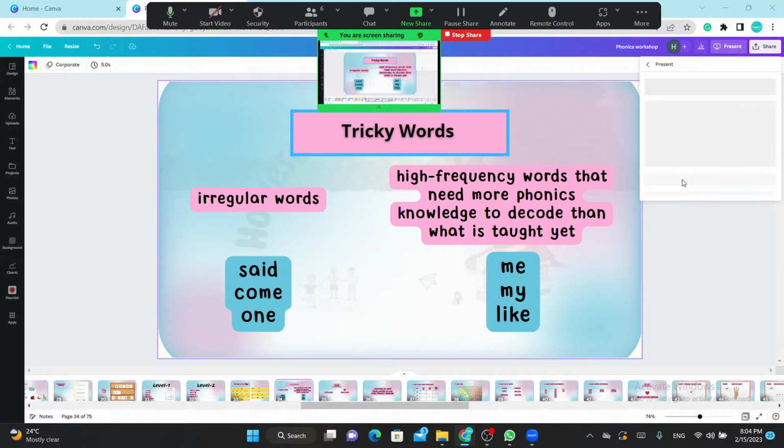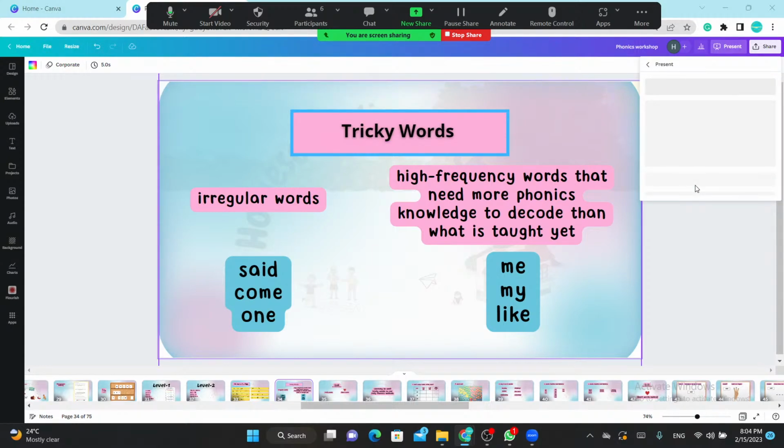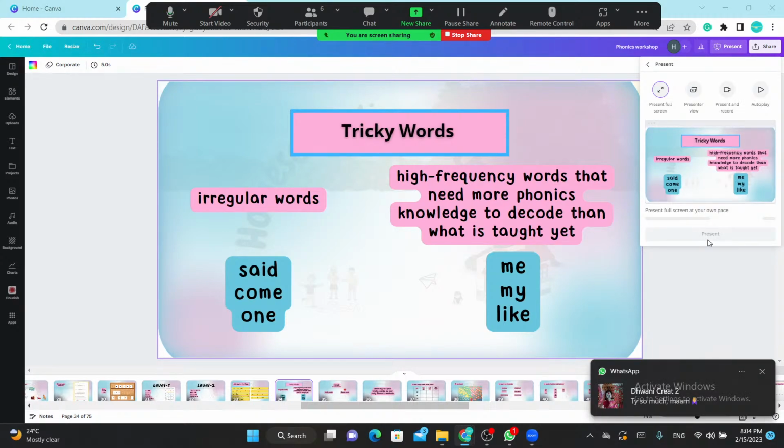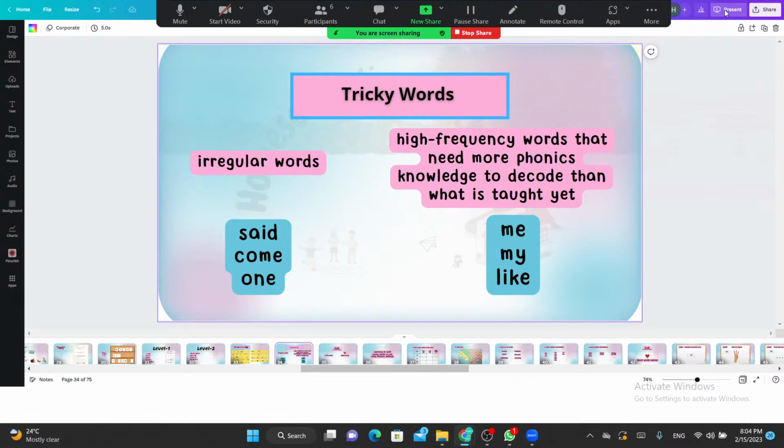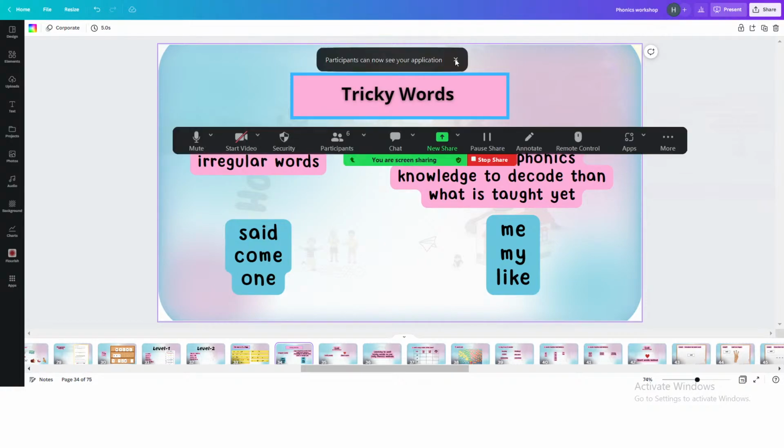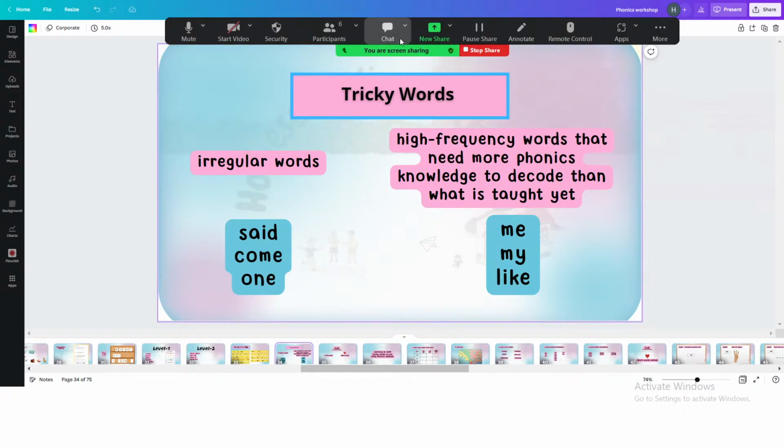Let the screen get bigger and we shall begin. Meanwhile is working. Let's get started.